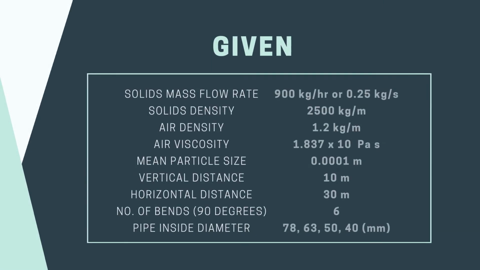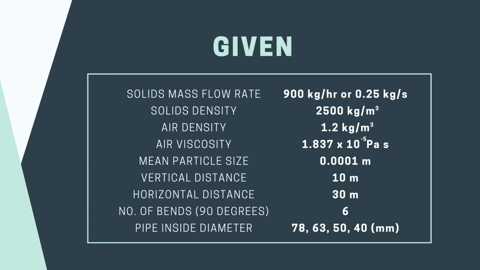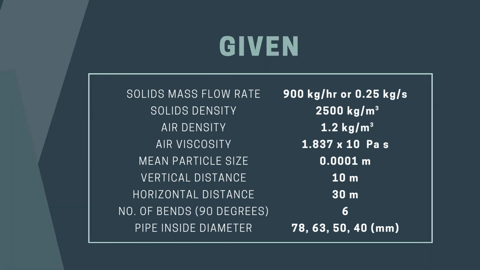Given in the problem are the solids mass flow rate, which is equivalent to 900 kg per hour or 0.25 kg per second, 2,500 kg per meter cube solids density, 1.2 kg per meter cube air density, 1.837 times 10 to the power of -5 pascal second air viscosity, mean particle size of 100 micrometer or 0.0001 meter, 10 meters vertical distance, 30 meters horizontal distance, 6 90-degree bends, and standard pipe inside diameters which is equivalent to 78 millimeters, 63 millimeters, 50 millimeters, and 40 millimeters.